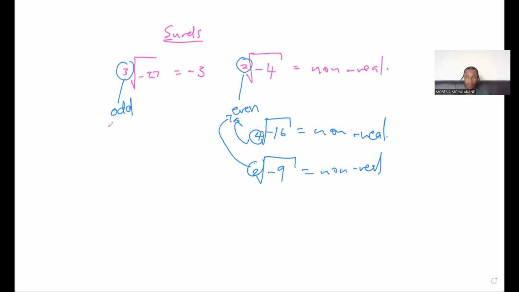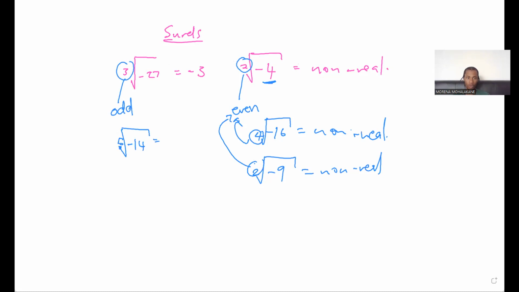But if it's an odd number, then it exists. So if a root is an even number, make sure that what is inside has to be positive, because if it's negative, then it does not exist.